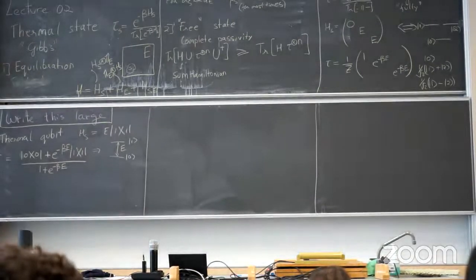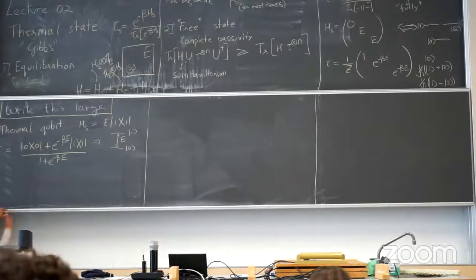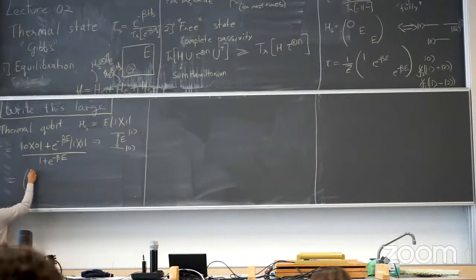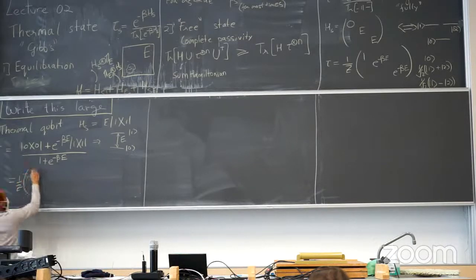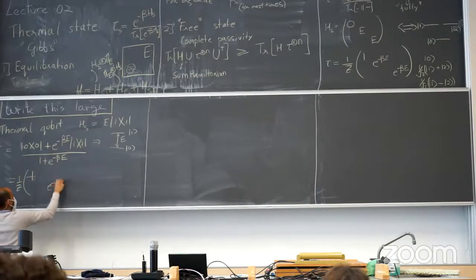Okay, very important. This is a diagonal matrix. So this is 1 upon, let's say, Z. So then that's 1, e to the minus beta E, 0 and 0.